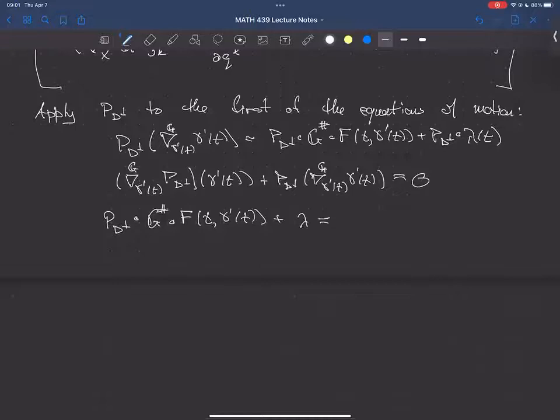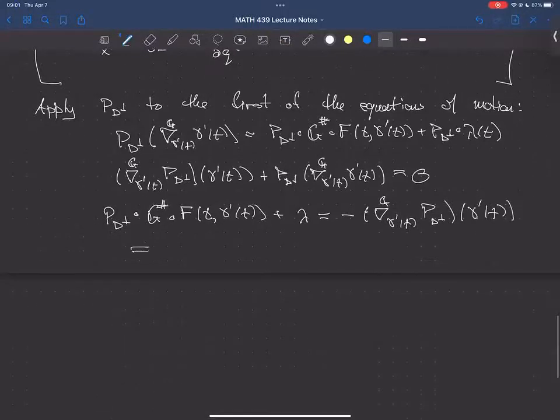And that should equal minus that, right? I'm setting this, which is that, equal to itself, which is minus that. So it's nabla G gamma prime of t PD perp of gamma prime of t.